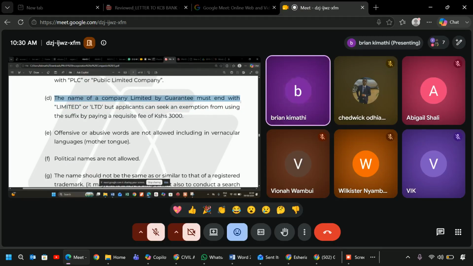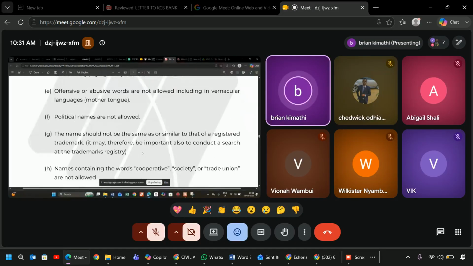We saw that. So here it is a typing error. They should have put either company limited by guarantee in full or CLG, not LTD. But applicants must seek an exemption from using the suffix CLG or company limited by guarantee by paying 3,000 bob. Offensive or abusive words are not allowed, including in vernacular languages, mother tongue.